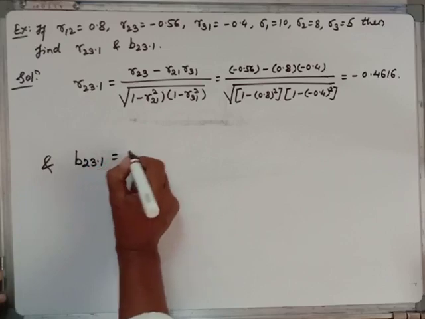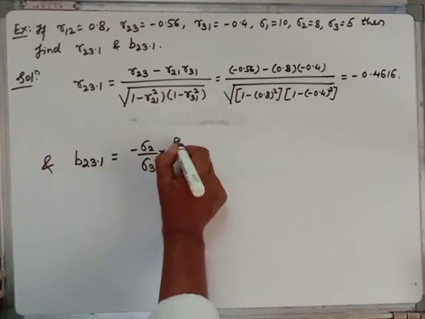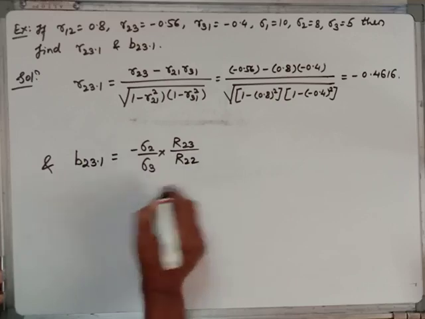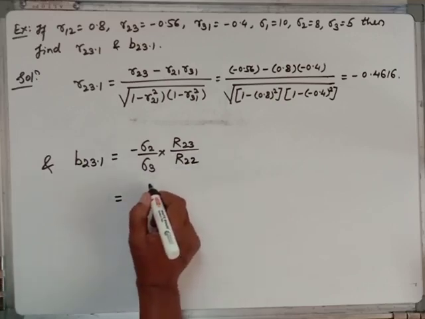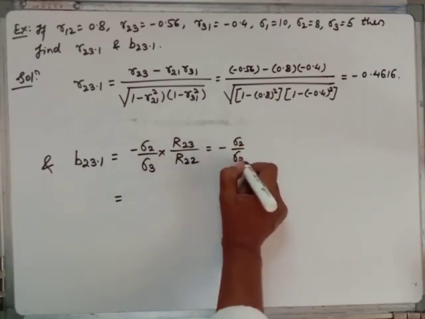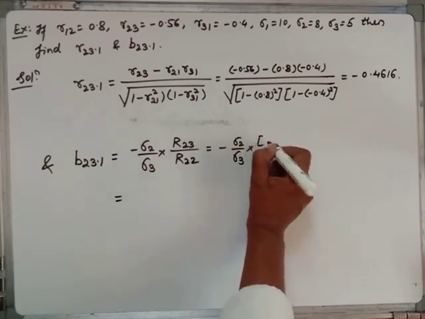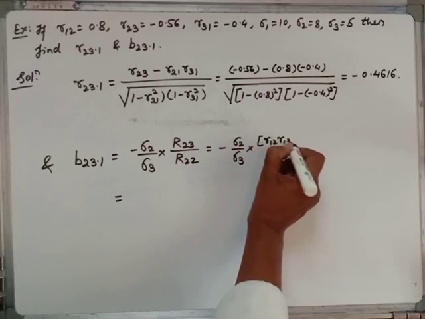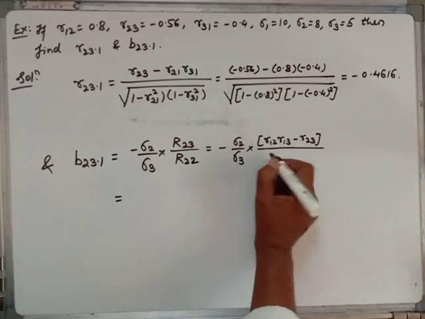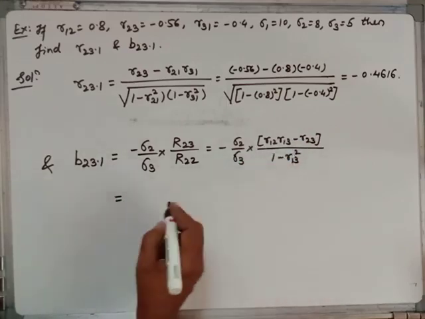B23.1 is what? Minus sigma 2 upon sigma 3 into R23 upon R22. So let's find out them here itself. That is same as minus sigma 2 upon sigma 3 into this R23 is what? It is R12 R13 minus R23, right, upon R22 is 1 minus R13 square. So put the values now.